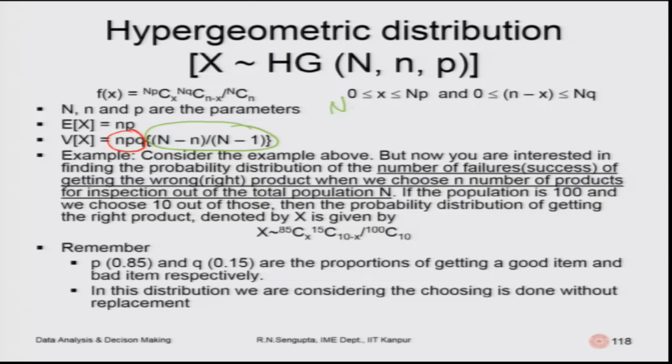In case capital N tends to infinity, I take capital N outside, so it becomes 1 minus n by capital N divided by 1 by capital N. This tends to 1, because this value tends to 0, and obviously this value would also tend to 0. So in the long run, when capital N tends to infinity, the variance becomes n p q.